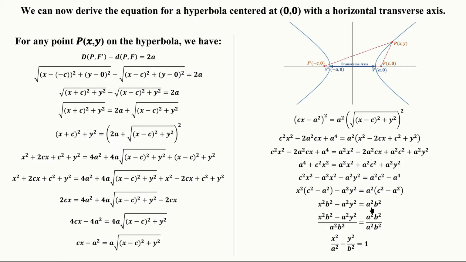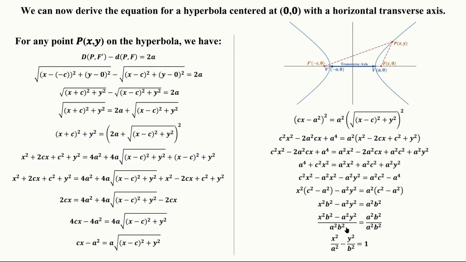So now we go ahead and divide both sides by a squared b squared like we did previously with the ellipse, so we can end up with a 1 on this side. On this other side, we end up with x squared over a squared because these b squares would cancel out, minus y squared over b squared because the a squares cancel out, and we end up with this nice simple formula for a hyperbola with a center at 0, 0 and with a horizontal transverse axis with vertices at a, 0 and negative a, 0 and foci at c, 0 and negative c, 0.